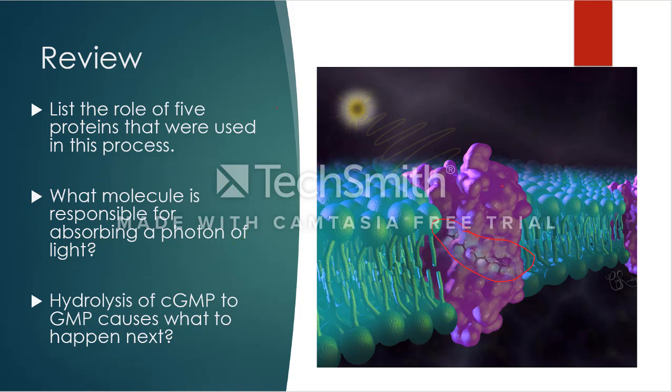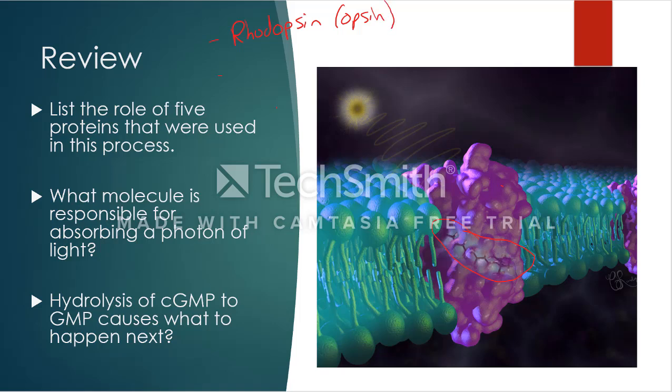All right, so a little harder. Can you list 5 proteins and the role that they played in this process? Again, pause to think and answer. All right, so the first protein that we talked about was rhodopsin. More specifically, it was the opsin protein of it.